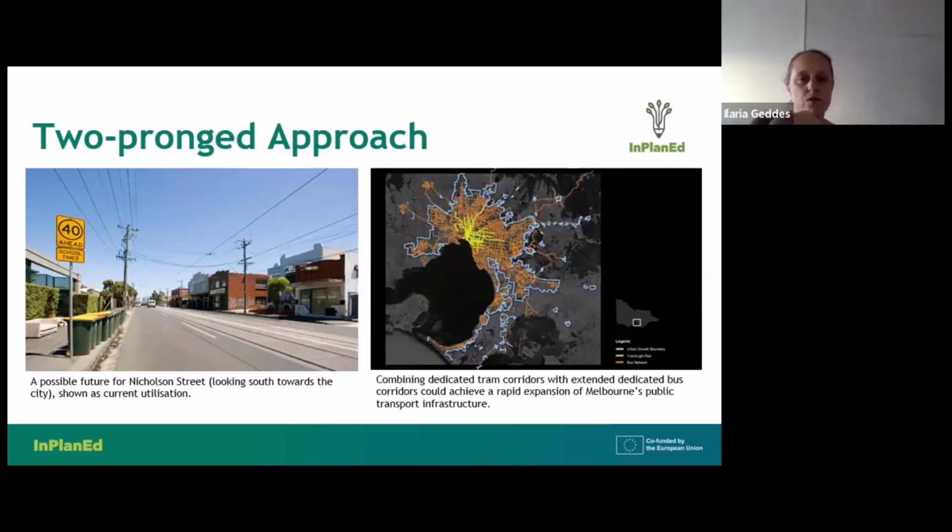So the intervention was called Postcode 3000, and it was an initiative addressing the central business district in itself. So it was addressing the problem of oversupply. There was a lot of empty new commercial office space, and they decided to convert these into residential accommodation.